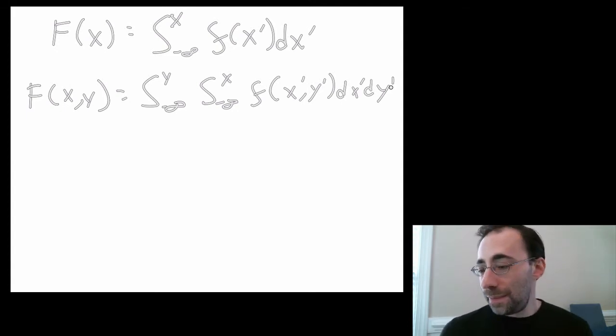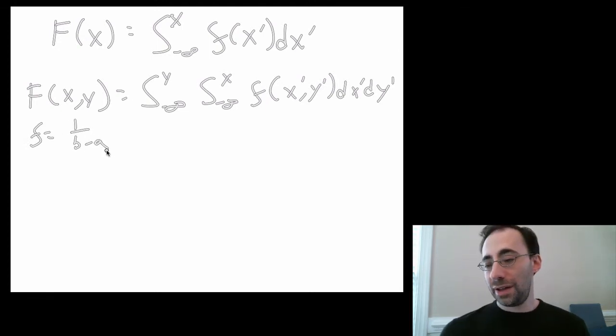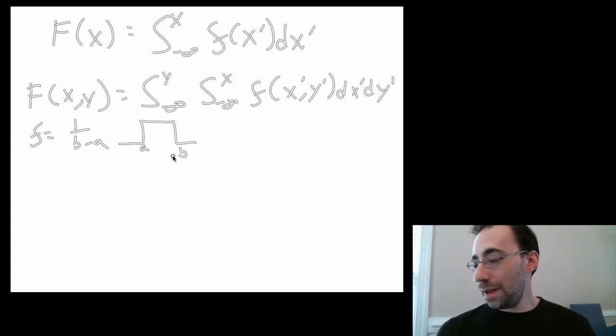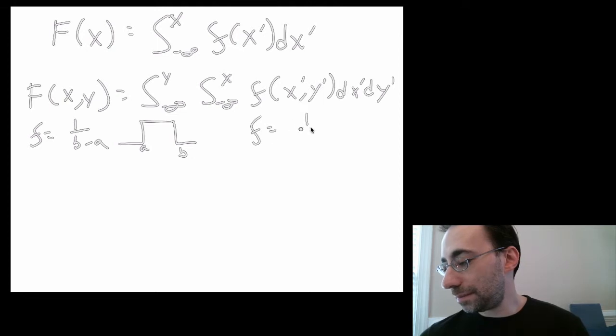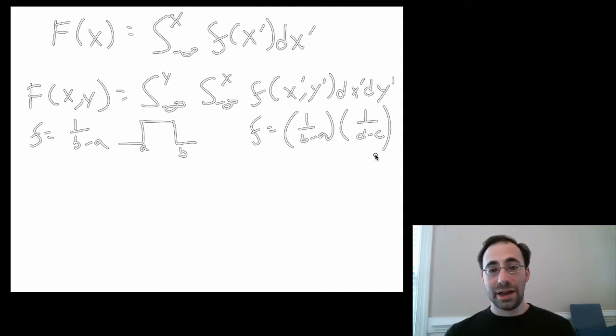Let's do a quick example. If you recall, the uniform distribution had a PDF in 1 dimension of this. The uniform distribution here is 0 outside of a and b and 1 within a and b. In 2 dimensions, you can write a 2-dimensional version in which it is 1 inside a and b in 1 dimension and inside c and d, the range of c and d in a different dimension, and 0 elsewhere.